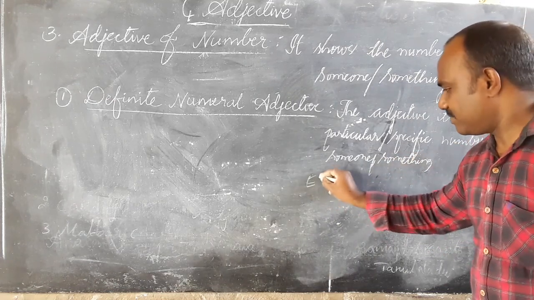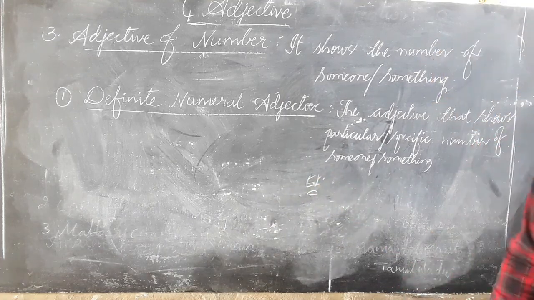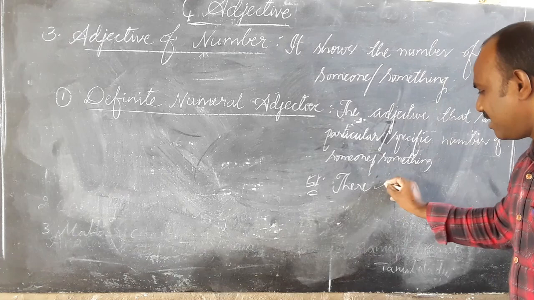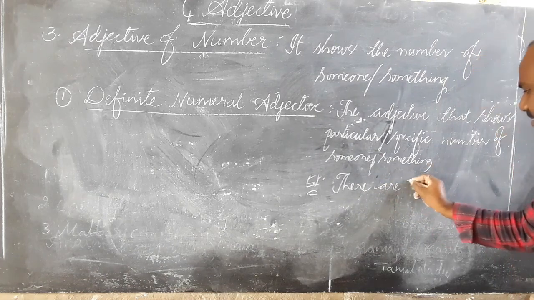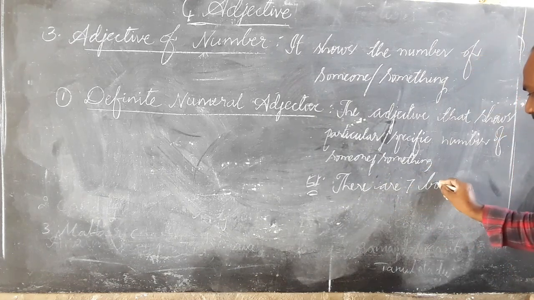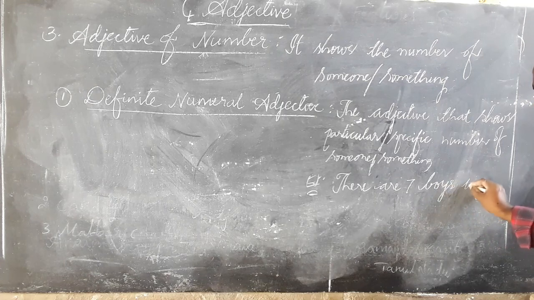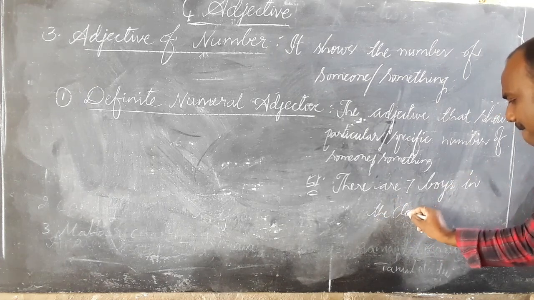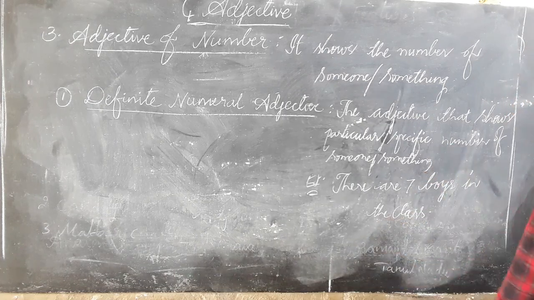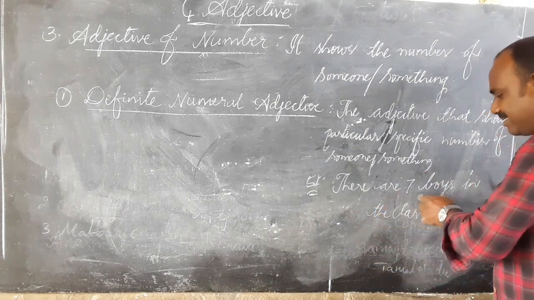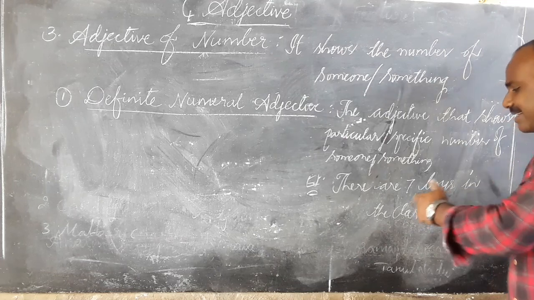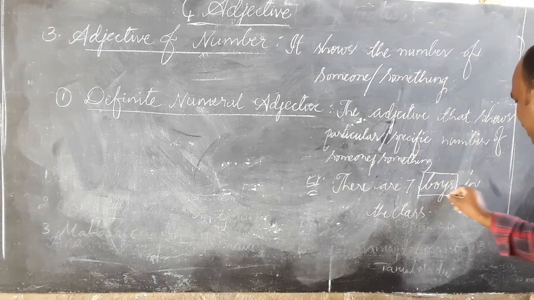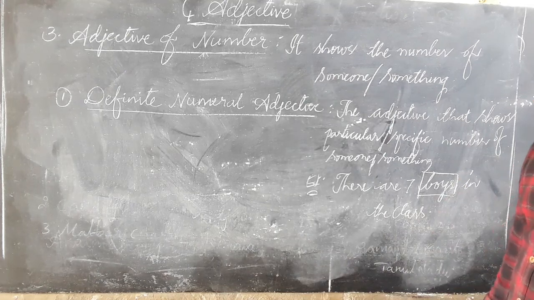For example, there are 7 boys in the class. Have a look at this sentence. There are 7 boys in the class. See, here, boys is the common noun.